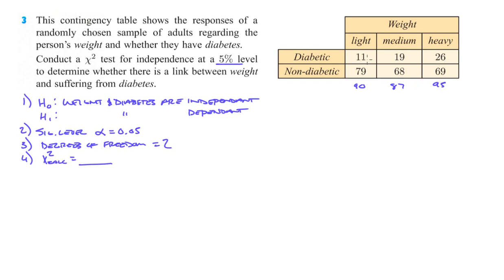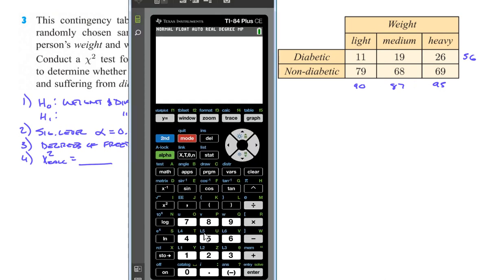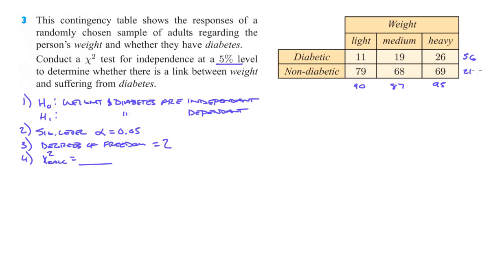Okay, and then when we add these all up, that's what, 30, 40, 56. And then I'm going to do that on the calculator because that's a little big for my brain. 79 plus 68 plus 69, and that gives us 216.